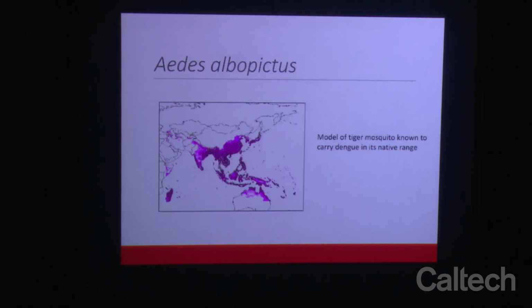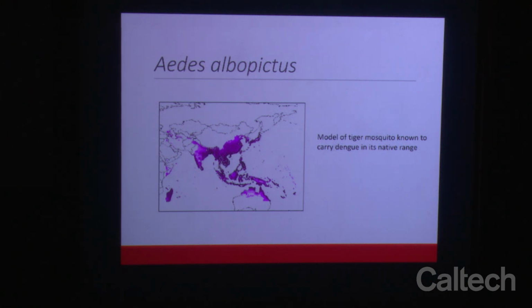And what we can do is we can model Aedes albopictus distributions using point presence data in its native range. So this is the native range of Aedes albopictus. This is actually the model distribution based on these point presence records and environmental covariates. This is obviously an important taxon for its disease risk in regards to dengue.